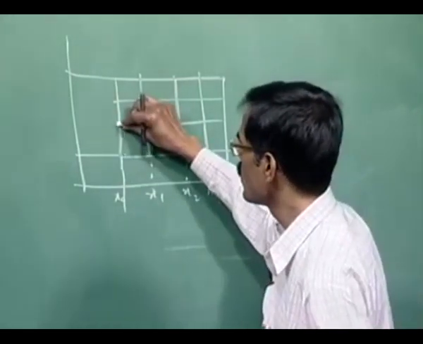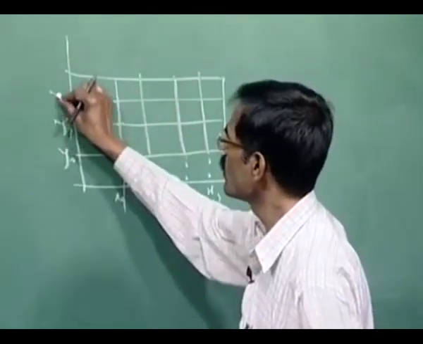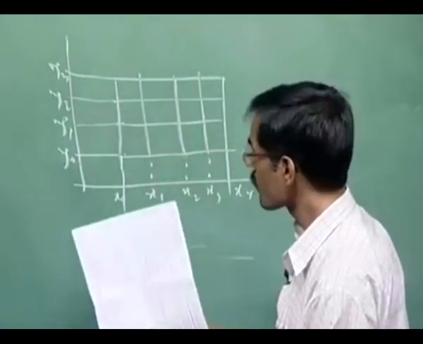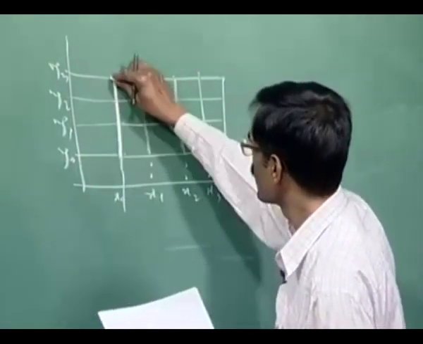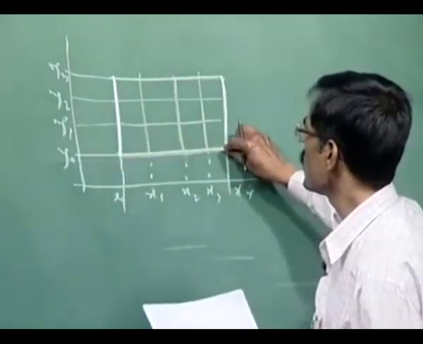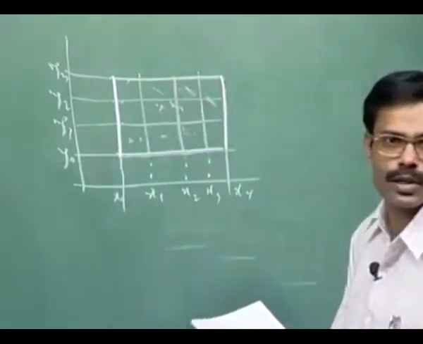Similarly, on this side y0, y1, y2, y3 and so on. So, suppose our domain is this, over which we want the function representation for this region, this rectangular region.